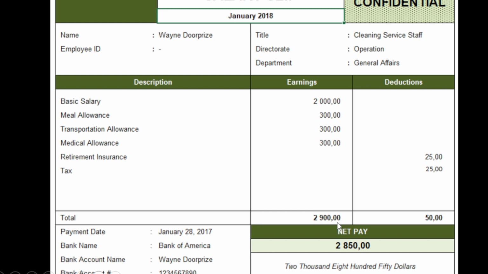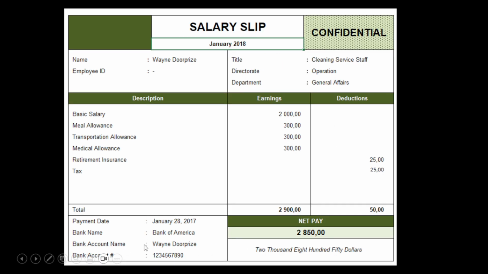And so his net pay, in other words, what he gets in the bank on a monthly basis, or at least for this month, is 2,850 Rand. And then they just put in his banking details as well. So, grade 10s and 11s, these are typical examples of salary slips. And these are the things we need to know for our tests and exams.